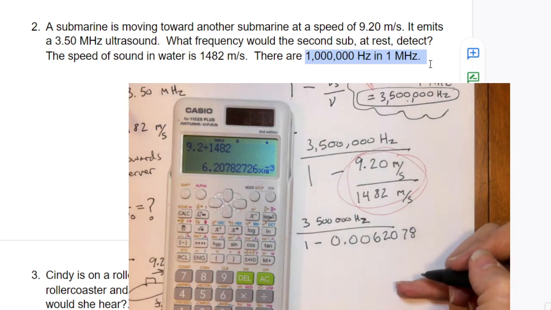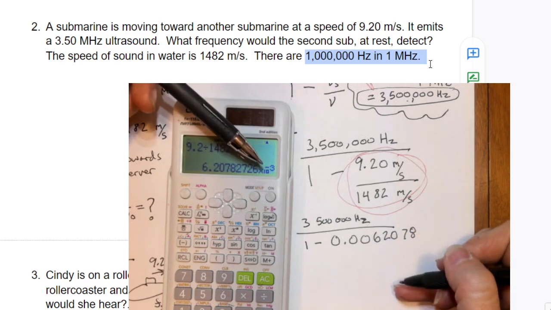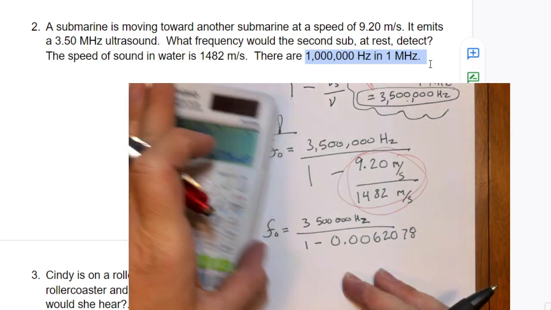My calculator is giving me scientific notation, but I converted it in my head.